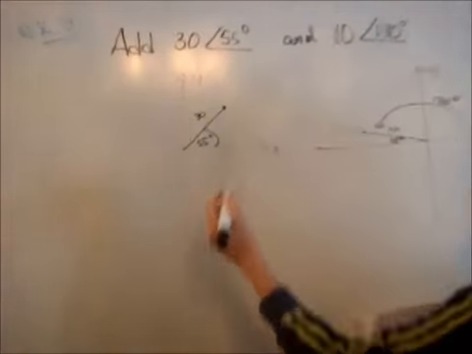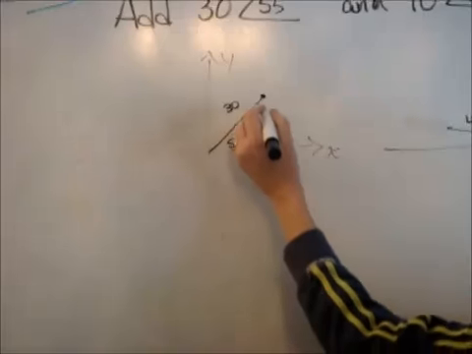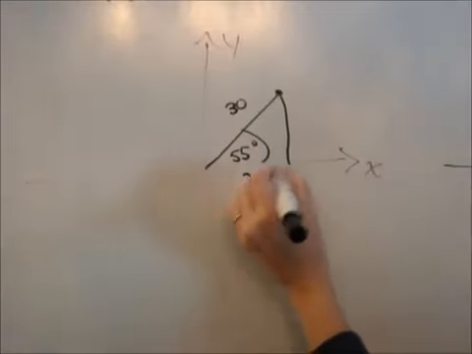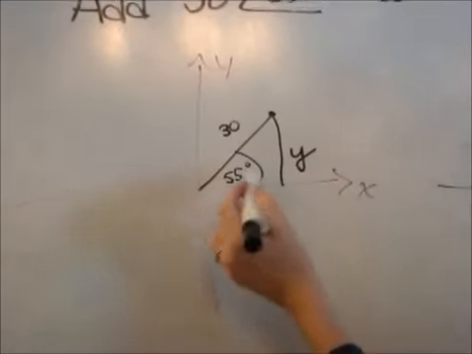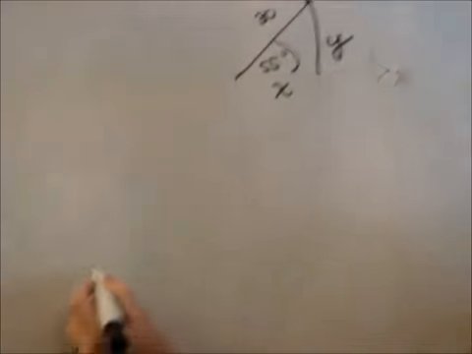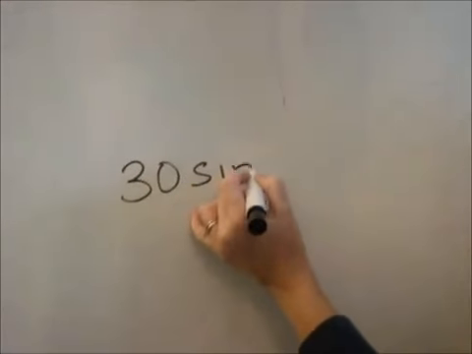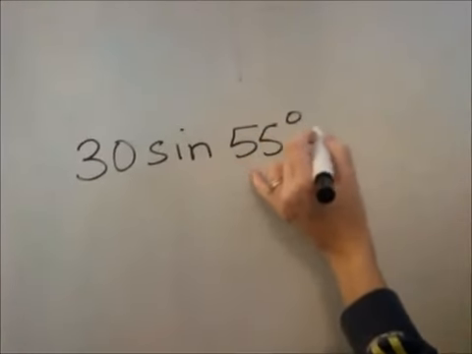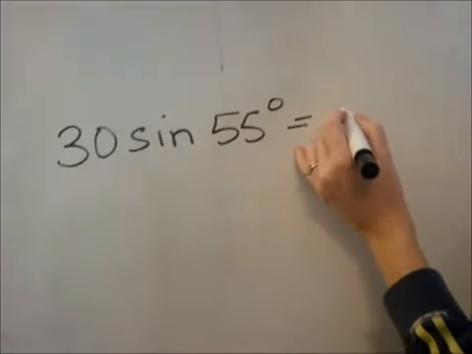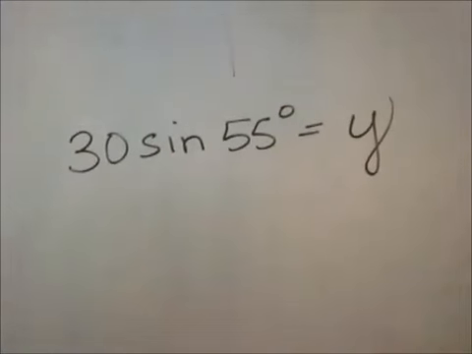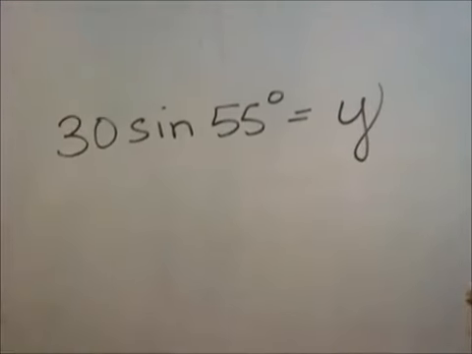So here we go. Let's draw a triangle. This is our x, this is our y. We know that y is going to be sine. So I'm just going to put 30 sine of 55 degrees equals y. I just did that shortcut step that I was telling you about before.